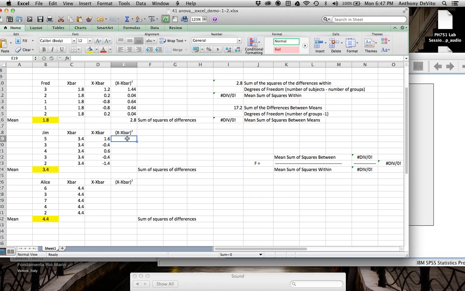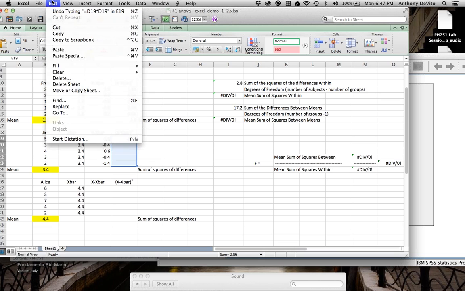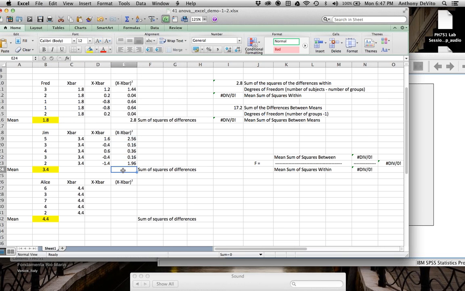Okay, and that's equal to this times itself. I'm going to fill that down. Okay, a little tedious, right? But that's what we have Excel for. We're going to appreciate Excel all the more when we get done with this. Okay, again, now for Jim, I've calculated the sum of the squares of the differences.